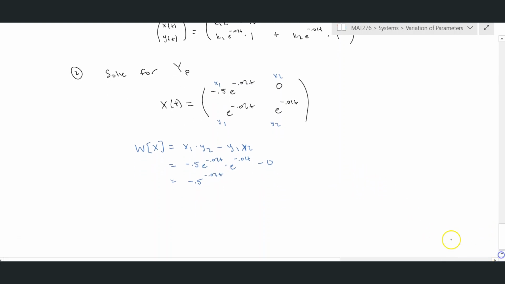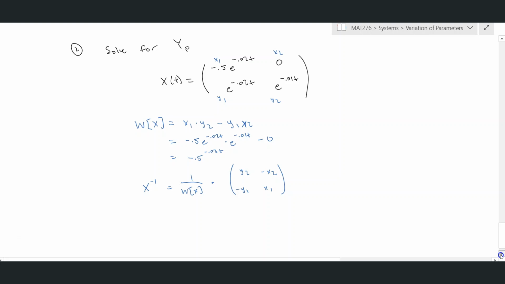To get the next piece of the puzzle, which is this x inverse matrix, I'll go ahead and omit all of the of t's in there, because we don't necessarily need that, and maybe it just convolutes things a little bit. We'll have 1 over the Wronskian multiplied by the matrix containing y2 and x1 switched, and then the y1 negated and the x2 negated like that.